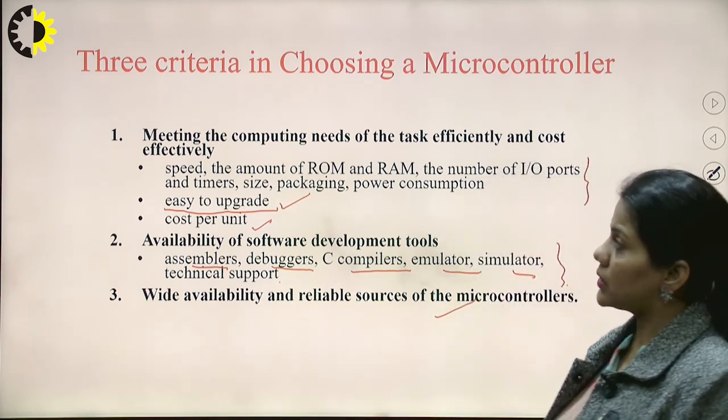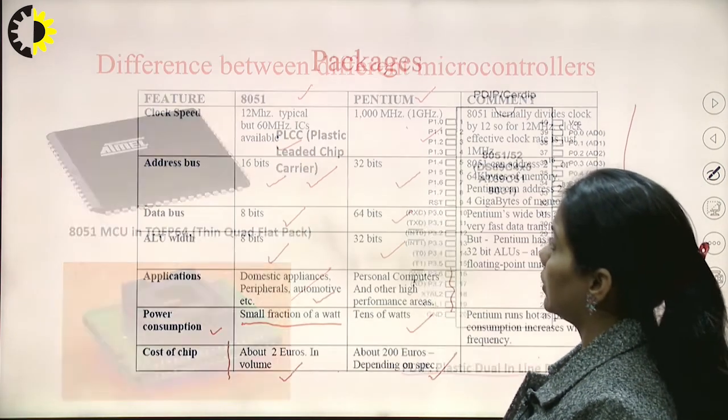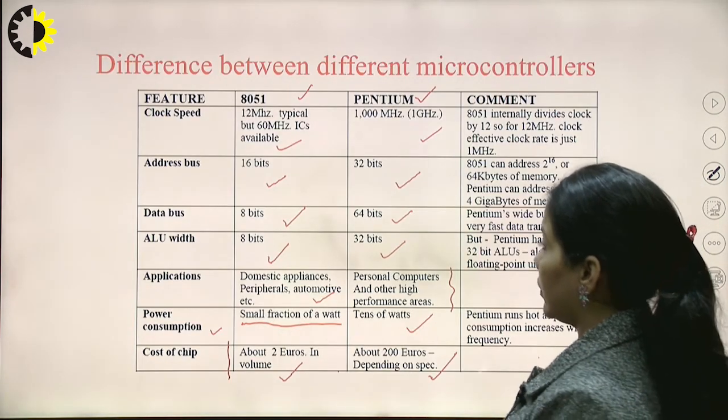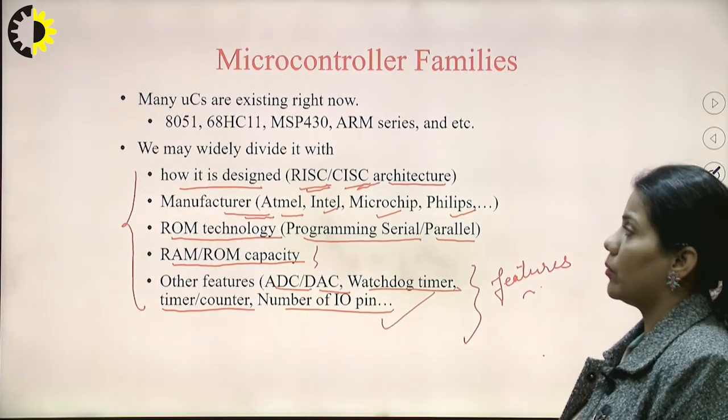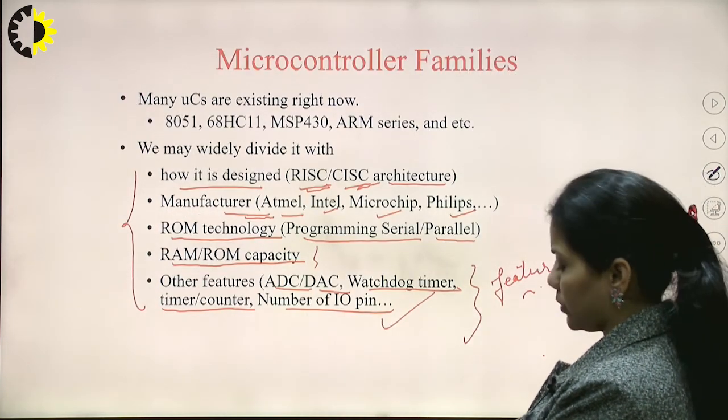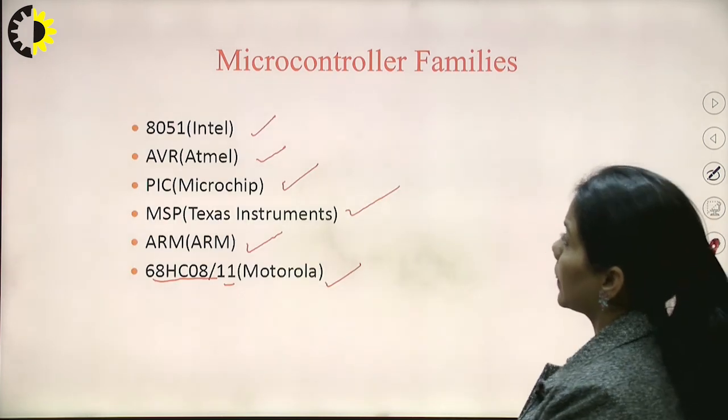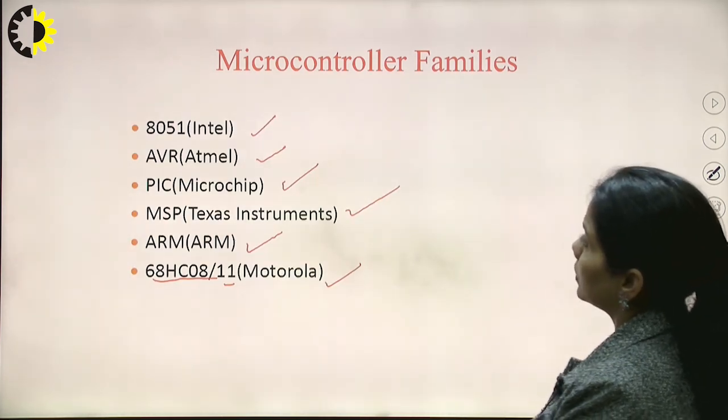So there are basically 3 criteria in choosing a microcontroller. Microcontrollers are available in different packages. There are commonly available families of microcontrollers in the market. So these are a few among them.